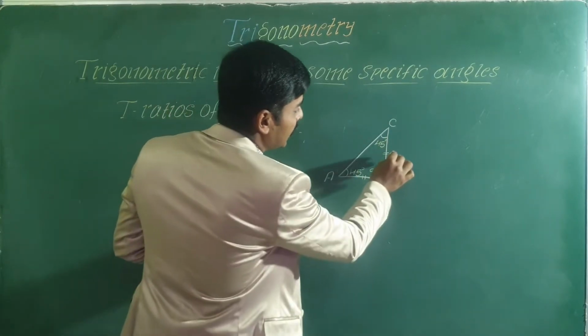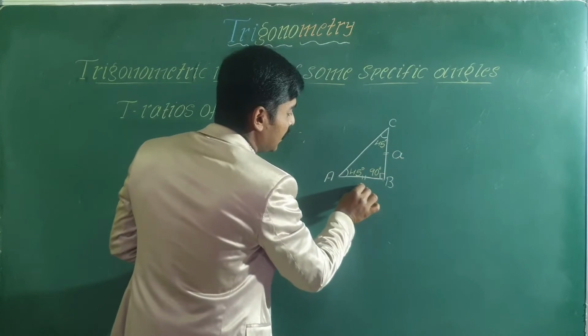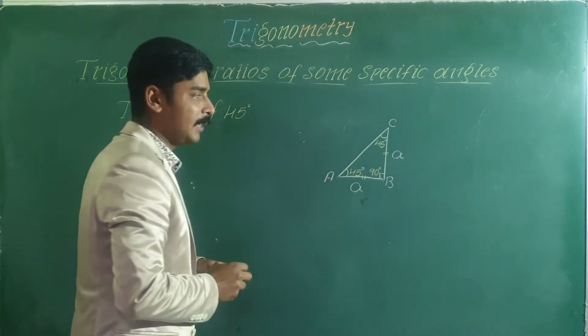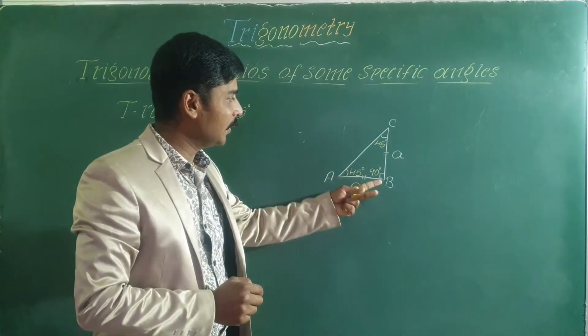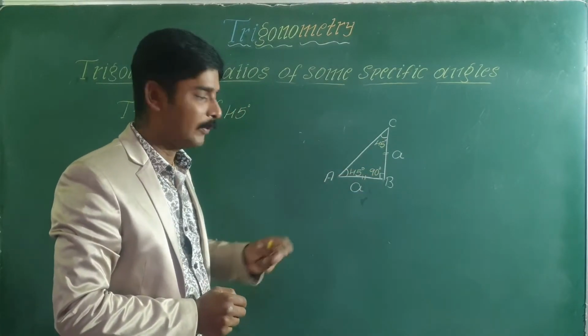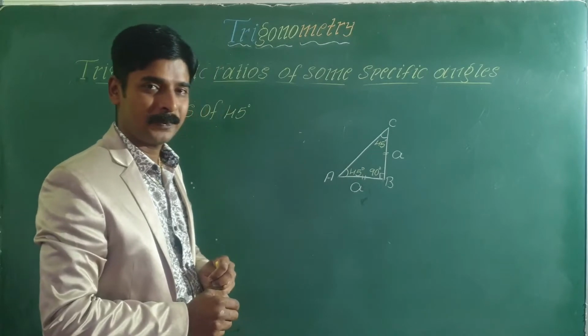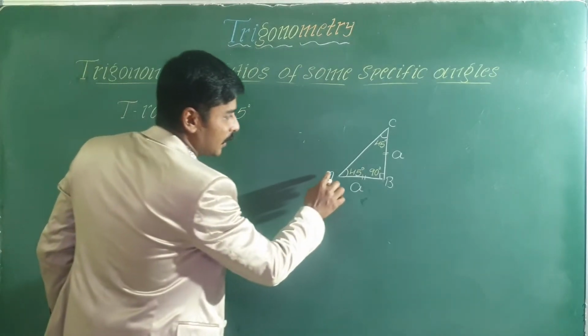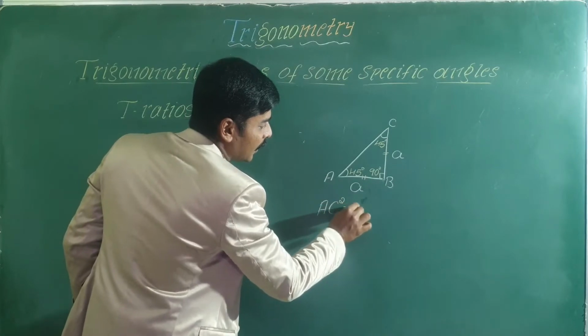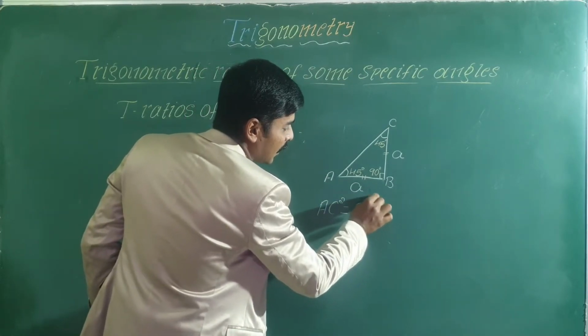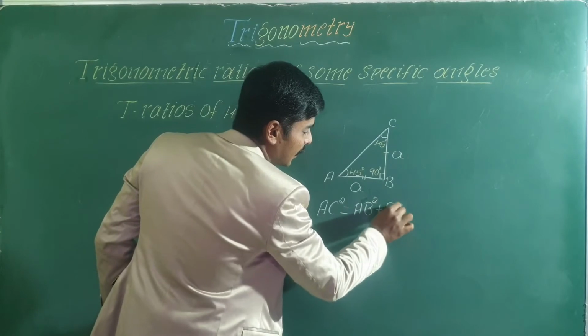So we will consider AB and BC equal to A units. If AB is equal to A unit and BC is equal to A unit, then how much is AC? Using Pythagoras theorem, we can find AC. AC square is equal to AB square plus BC square, right?